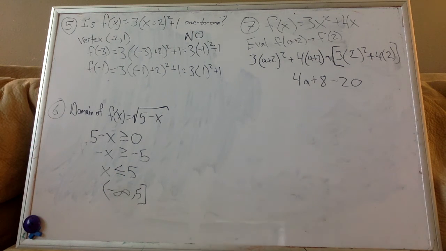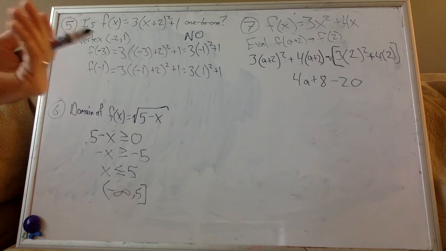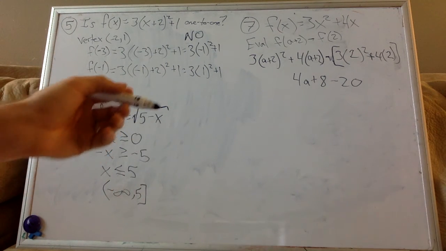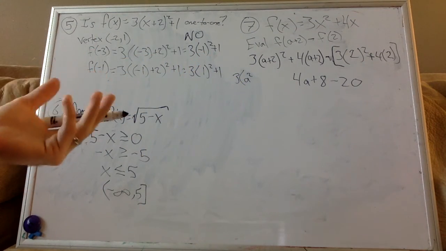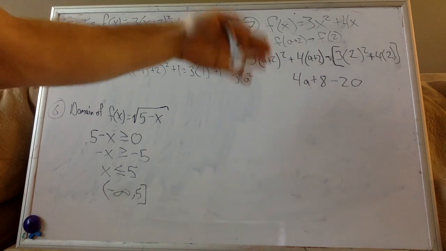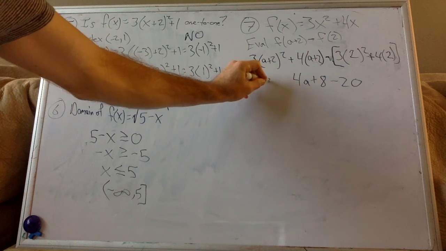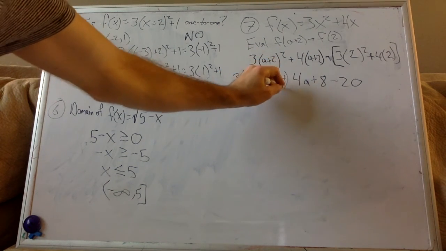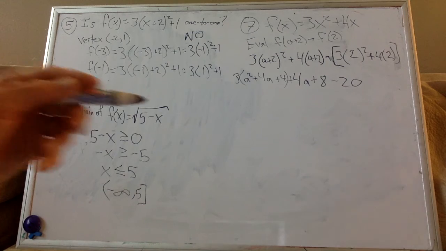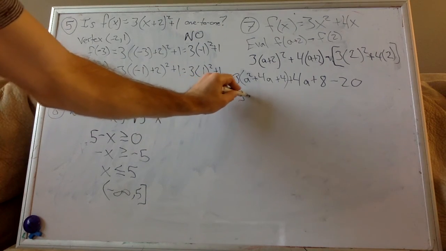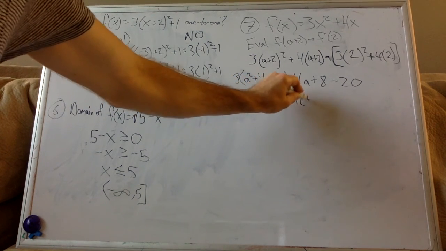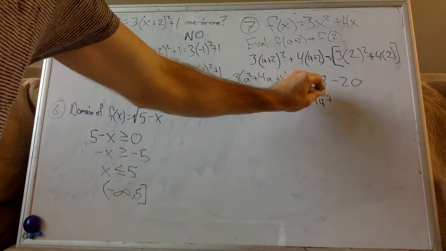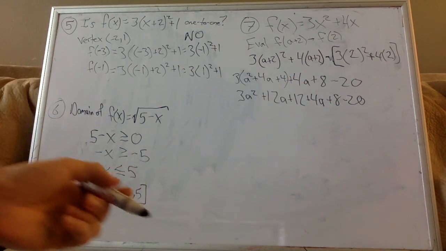And then like we talked about before, when we're squaring a binomial, we need to make sure we deal with the middle terms. So I have a times a, which is a squared. I have 2 times a, which is 2a, and then another a times 2, which is 2a, so we have a 4a, and then 2 times 2 is 4. As I distribute that through, I get 3a squared plus 12a plus 12, now plus 4a plus 8 minus 20.